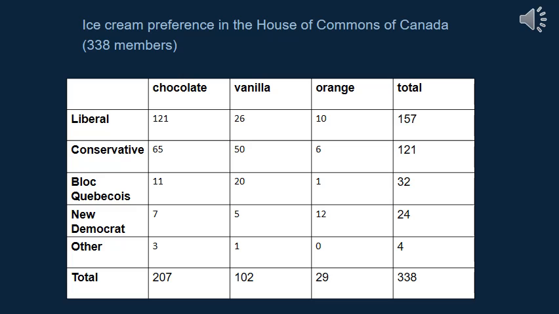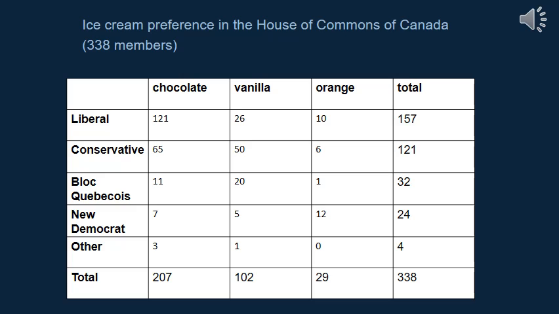It shows two categorical variables that describe a population of 338 subjects. The two categorical variables are the political affiliation, which you see in the column on the left, and the favorite ice cream flavor that you see on top of the table.